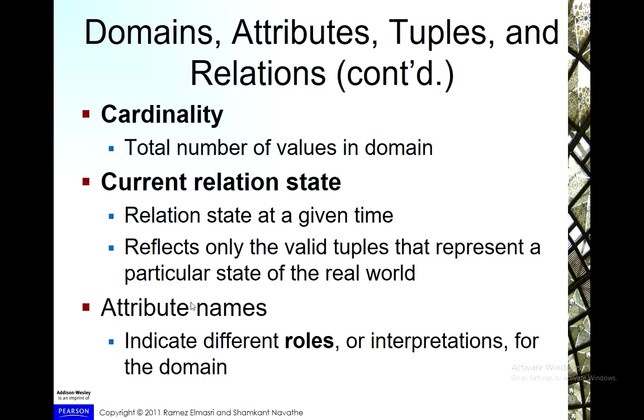An attribute name indicates a role for the domain. Usually in a database, the attribute name reflects its job. So implicitly, database designers and users, when they read the name, know the task or the role of that attribute in the domain.